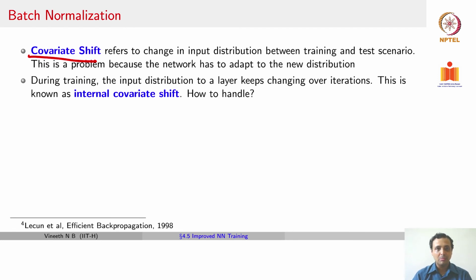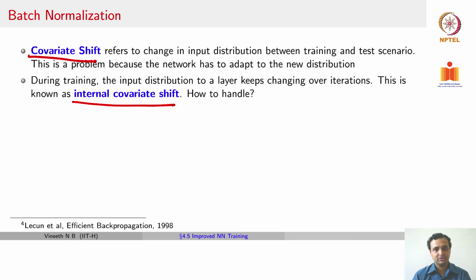This generally causes problems because the model needs to adapt to a new distribution.